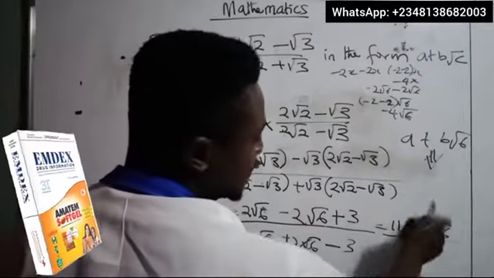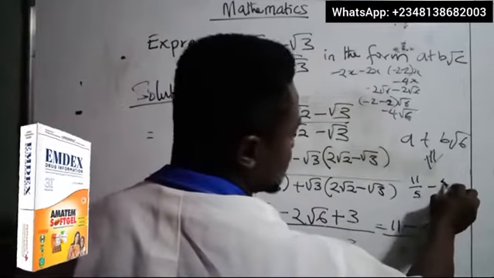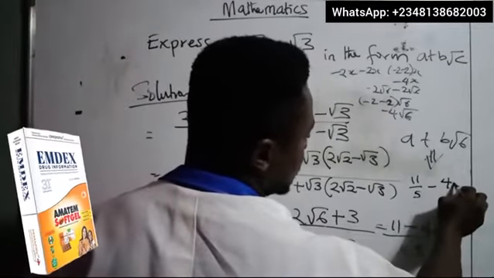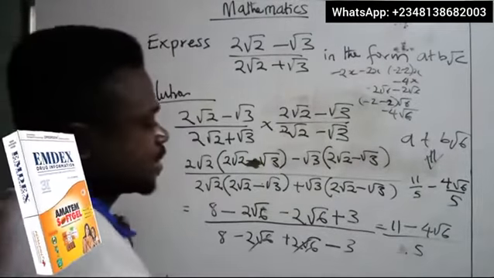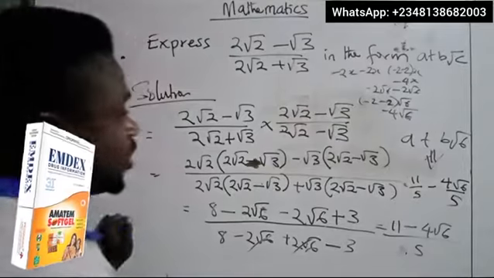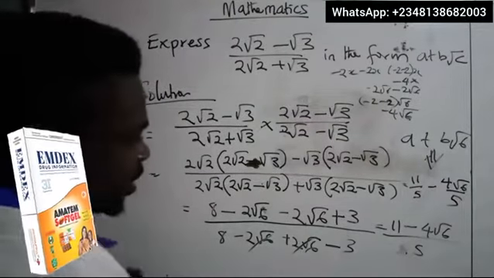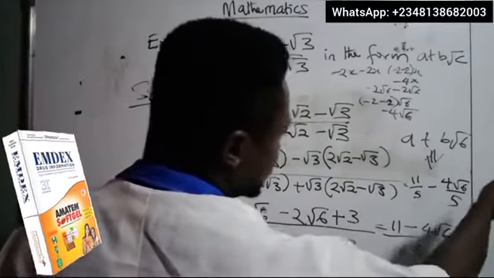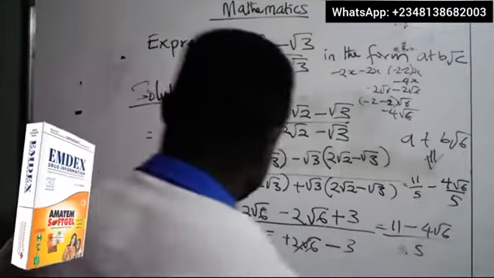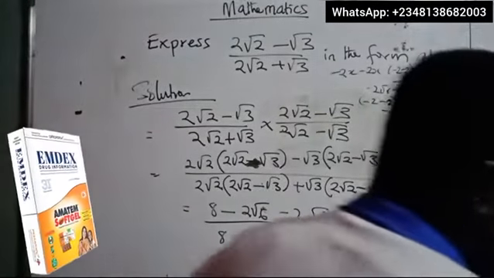This thing is now saying 11 over 5 minus 4 root 6 over what? 5. Yes. So the thing is now in this form. 11 over 5 minus 4 root 6 over what? 5. They are in the same form.